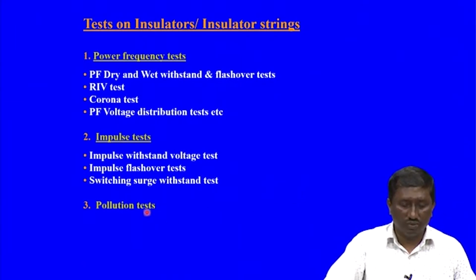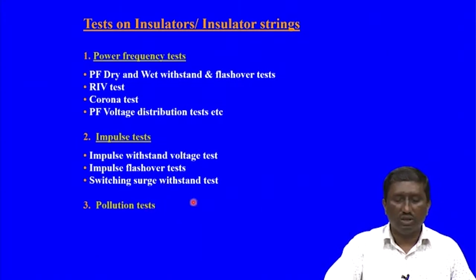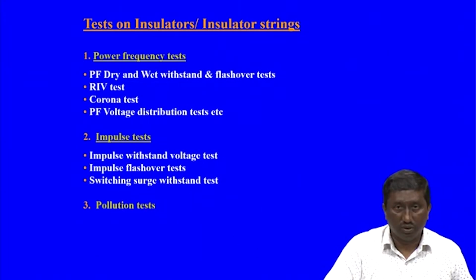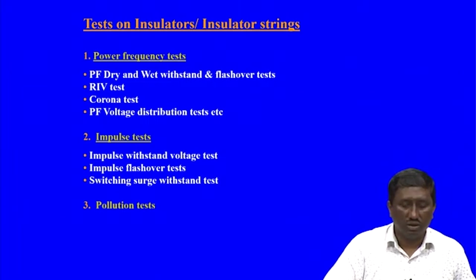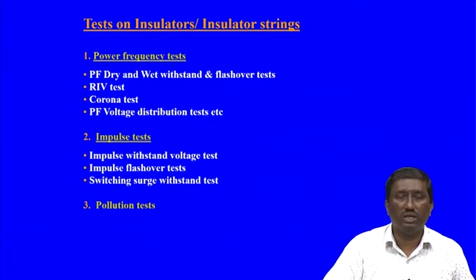Then switching surge, this is again a switching surge withstand test. This is because of some of the tests which have a combination I was mentioning earlier. So, combination of the closing and opening of the circuit breakers with the AC which is continuous. So, their combination tests and switching surge for various insulators and also for the lightning arresters have to be carried out.